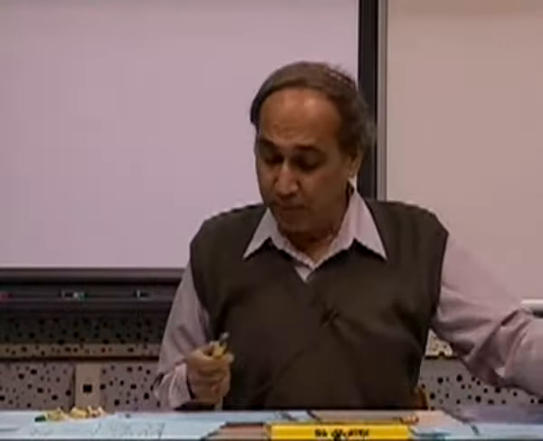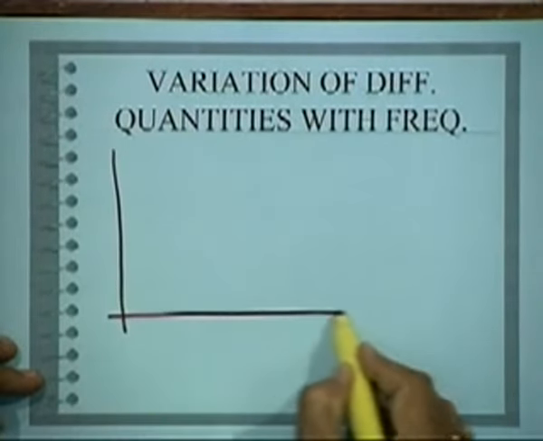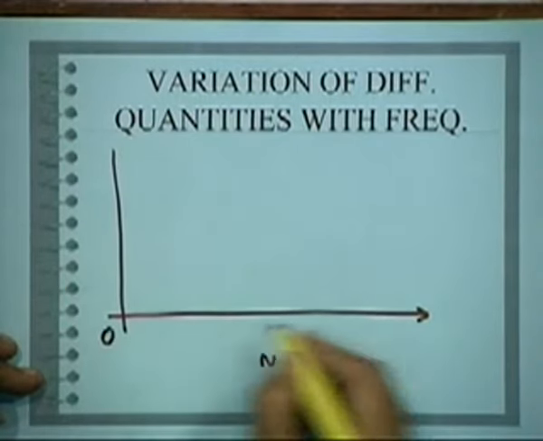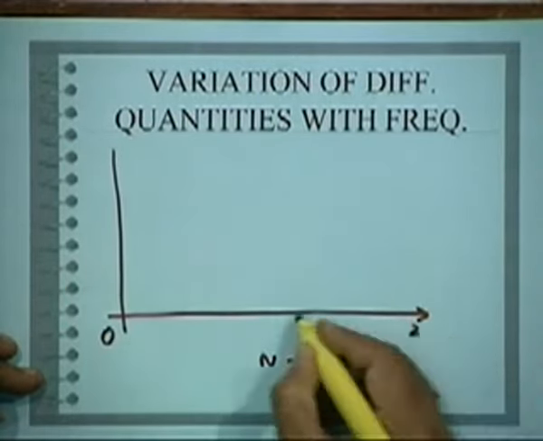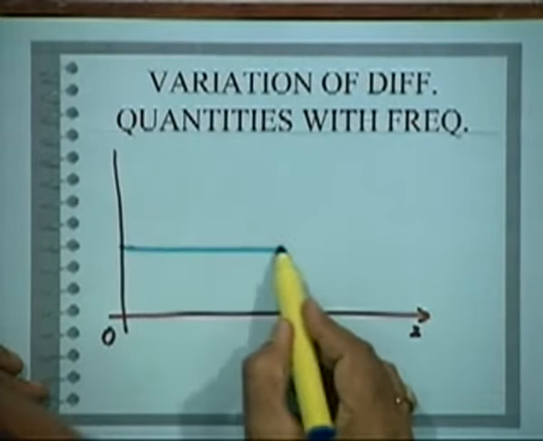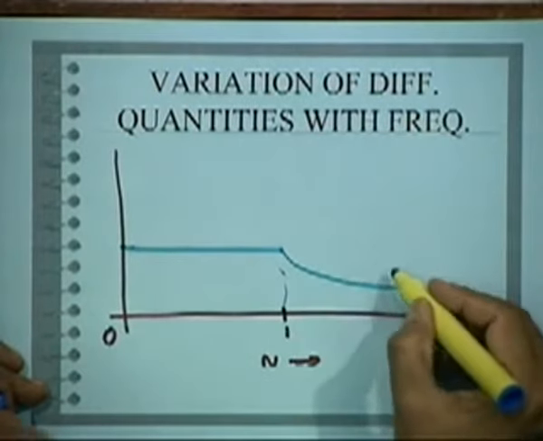Now if you want to plot different quantities with speed, let us say this is speed, say 0 to 2 per unit. From 0 to 1 it is constant flux, and above that, if you want to plot the flux, it will be constant flux and then reduced flux.